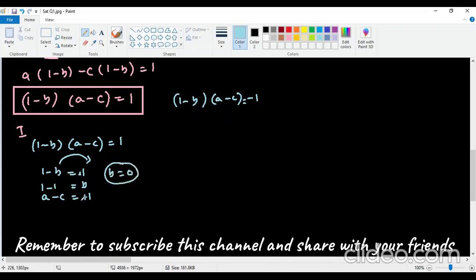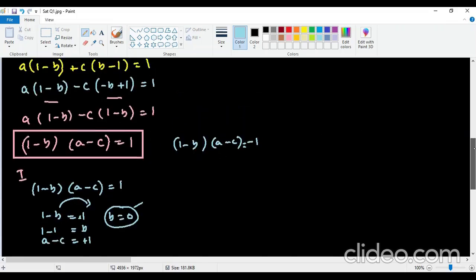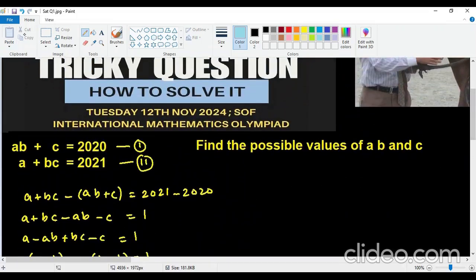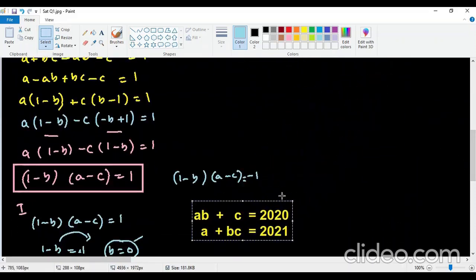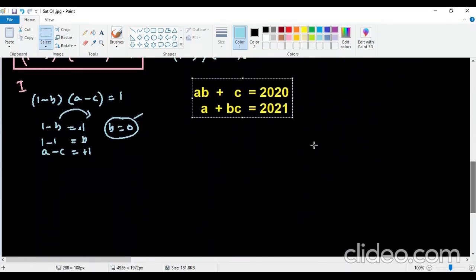As soon as we get the value of b as 0, we bring this same equation down below here, copying and dragging it a little down, and put the value of b as 0.